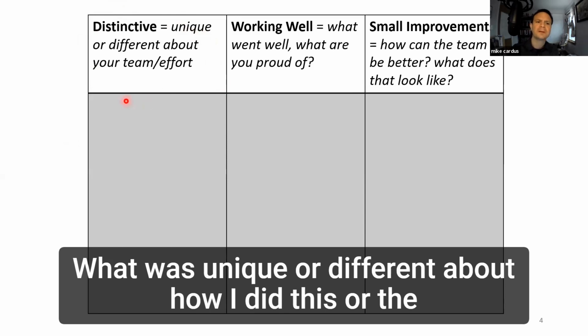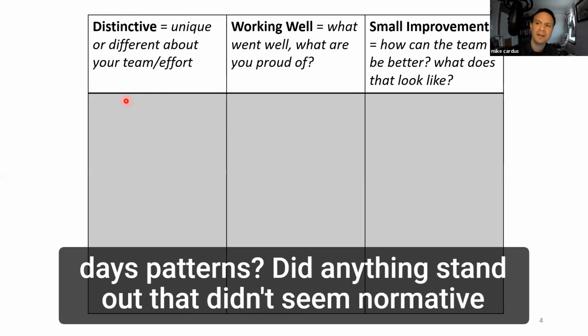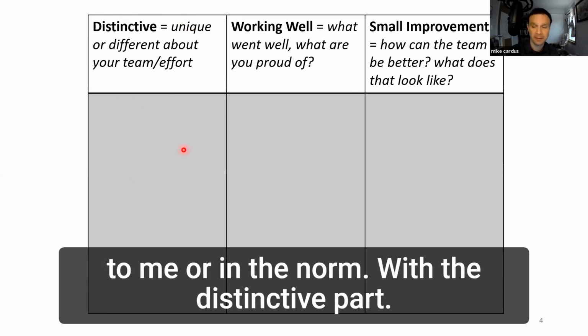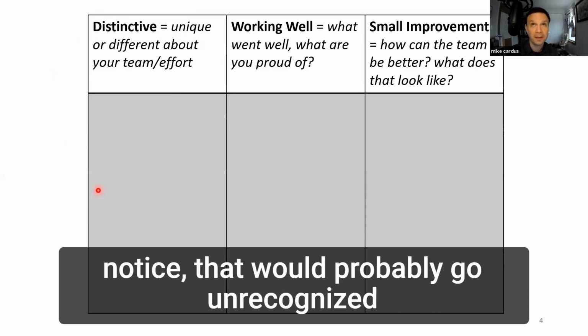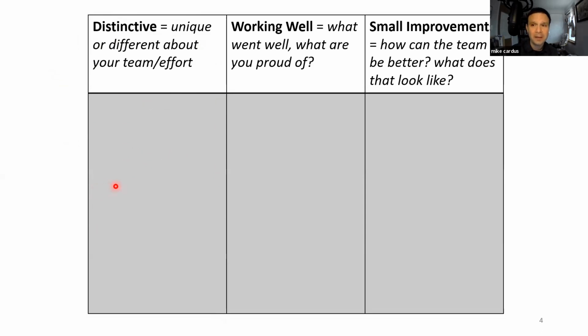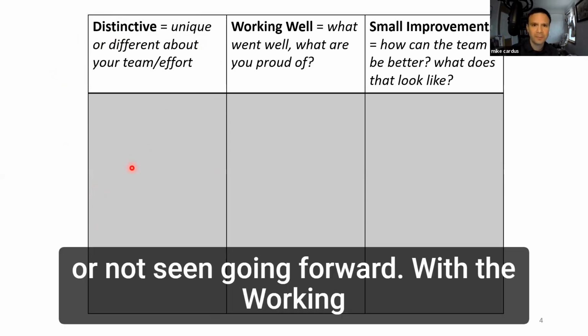What was unique or different about how I did this or the day's patterns? Did anything stand out that didn't seem normative to me or in the norm? And with the distinctive parts, you're trying to pull out what differences I or the team noticed that would probably go unrecognized or not seen going forward.